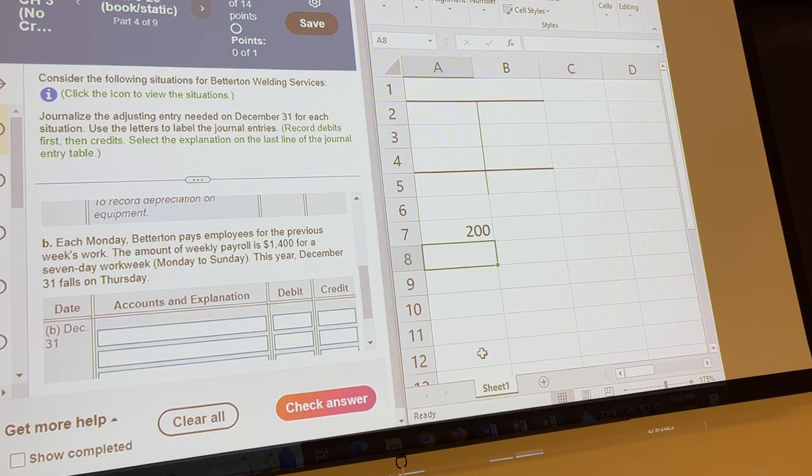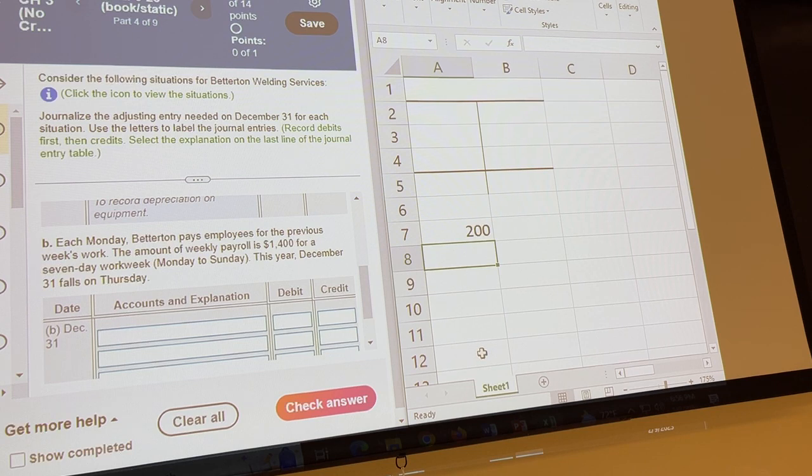The payroll starts on Monday. So Monday, Tuesday, Wednesday, Thursday. That's 4 days of payroll that we have to accrue for through the end of the year or the end of the month, whichever you want to think of it as.